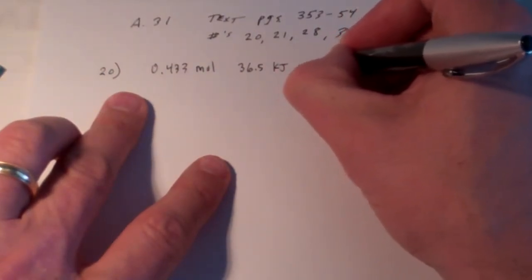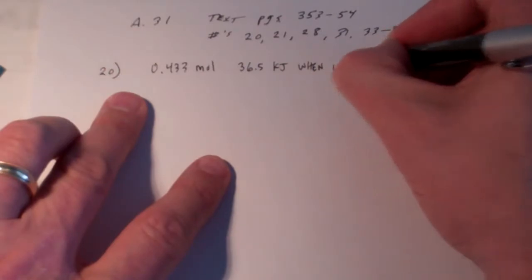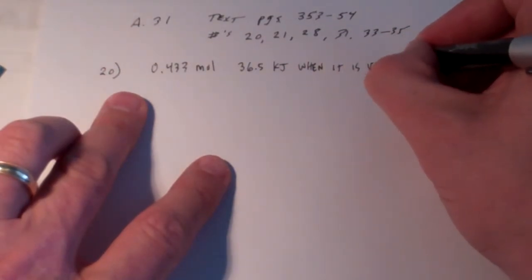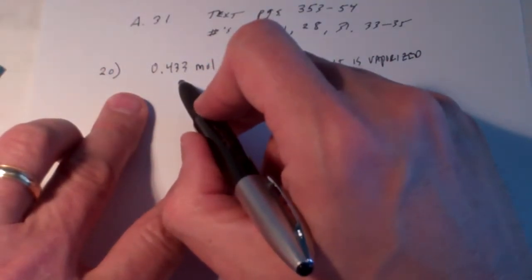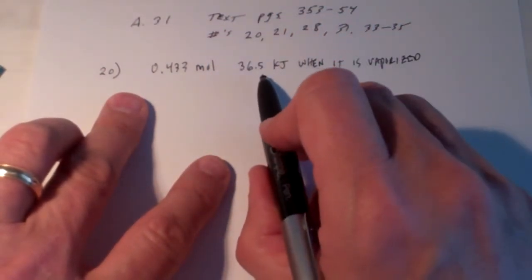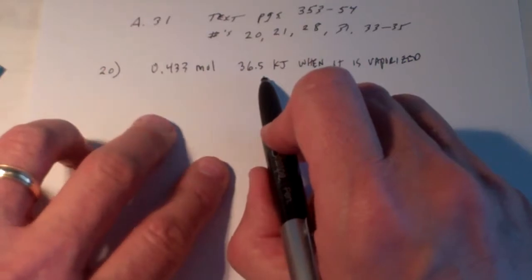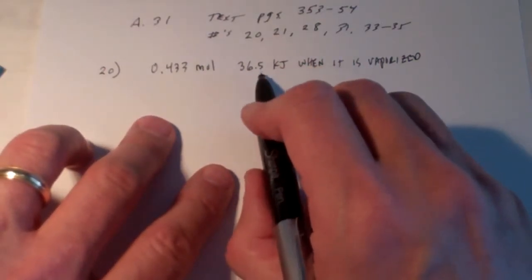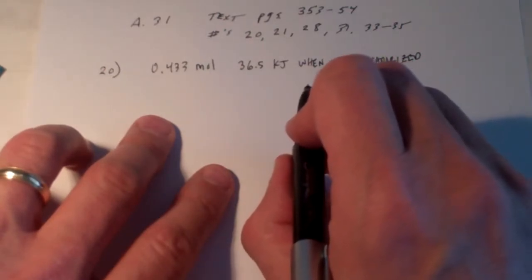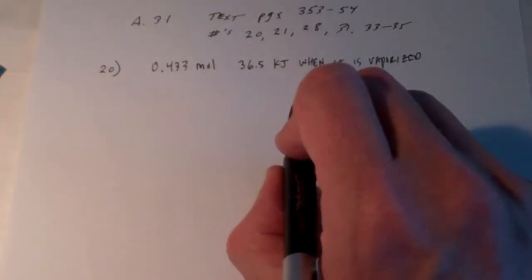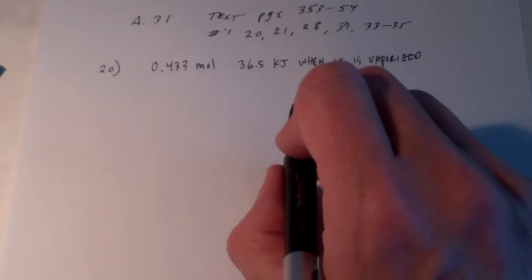That's what the problem reads, but that's not the one I'm going to do for you. Problem 20 says you have 0.433 moles and it takes that much energy to vaporize it. Of course, that's the energy required to vaporize this many moles at its boiling point. So we are asked to find the molar heat of vaporization here.